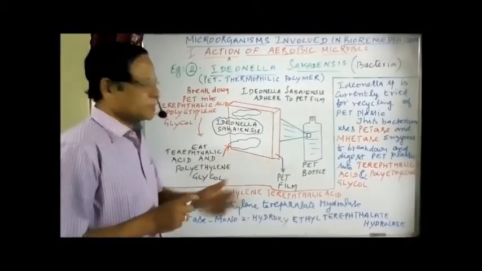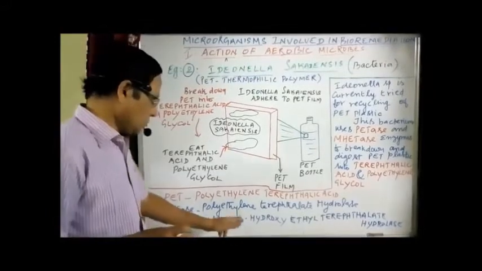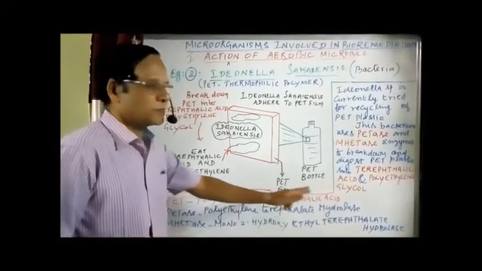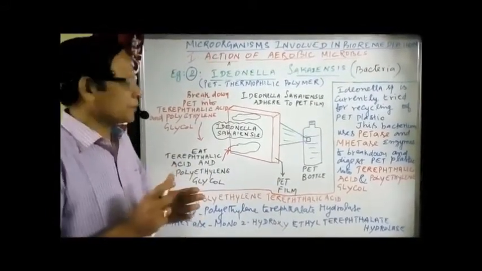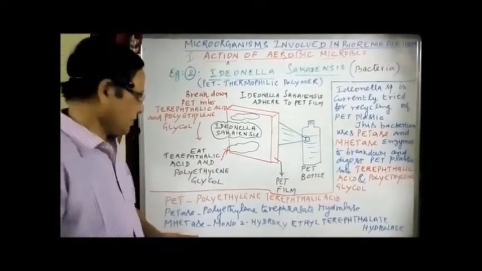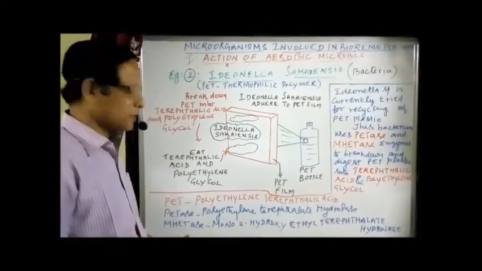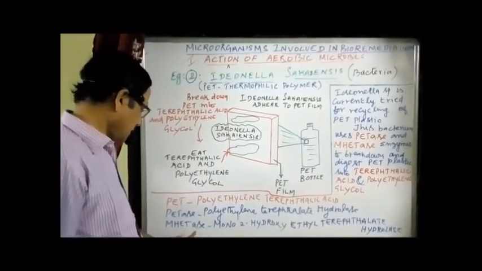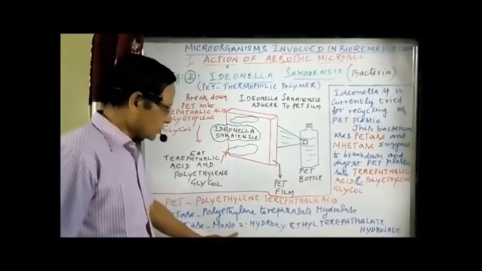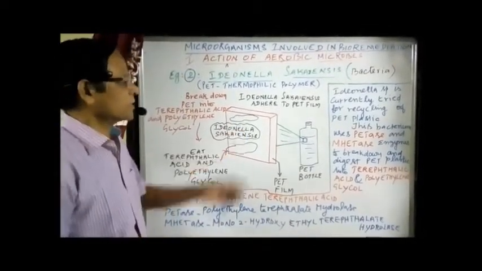This PET is being converted into mono 2-hydroxyethyl terephthalic acid with the help of PETase enzyme, that is nothing but the hydrolase. Once MHET is formed, it is being hydrolyzed by another enzyme, mono 2-hydroxyethyl terephthalate hydrolase. I will show the reaction now.